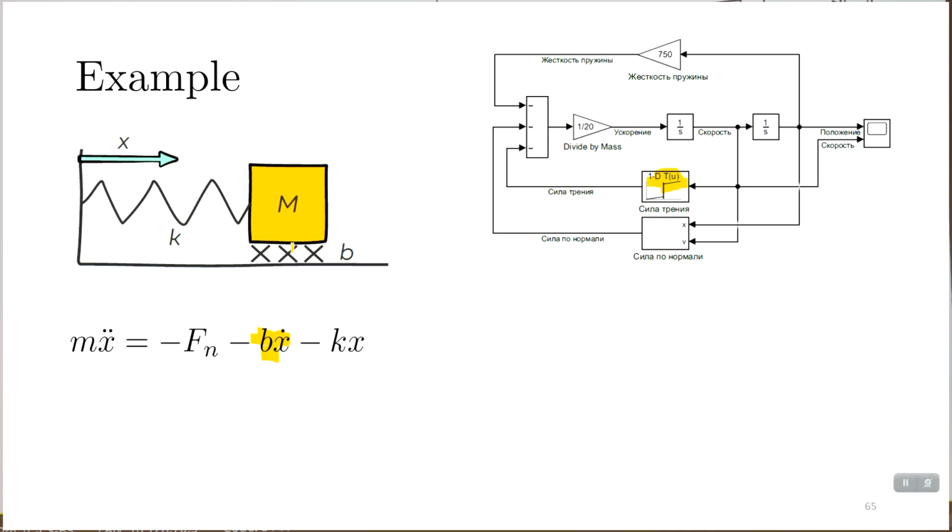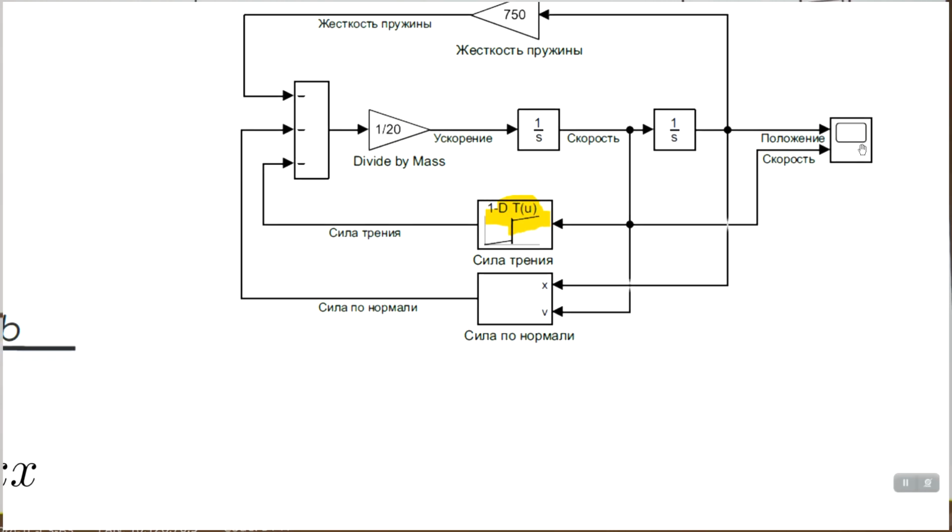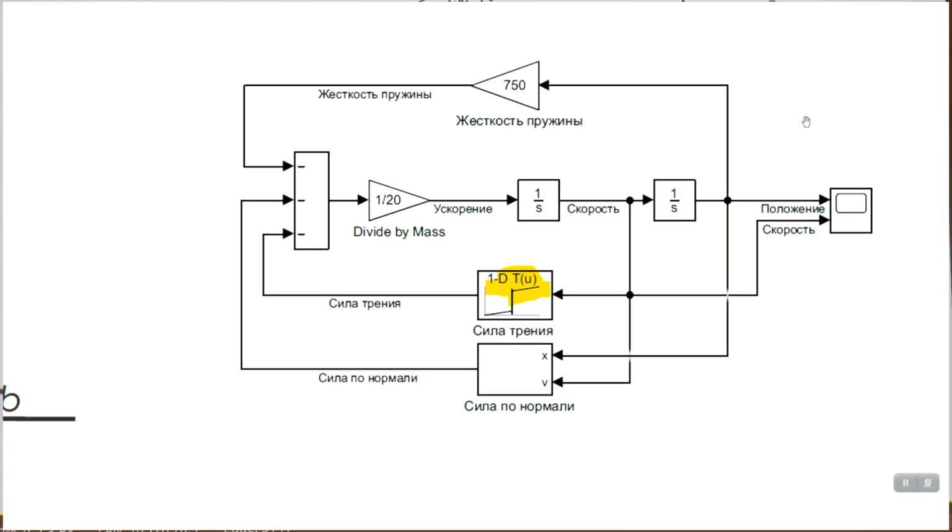So the idea is the following. We need to apply force to a body, I mean normal force, only when it hits the ground. And right here it's not the ground, it's a wall. And we need to apply it only there. So here you can see a Simulink model. Let us consider this system.